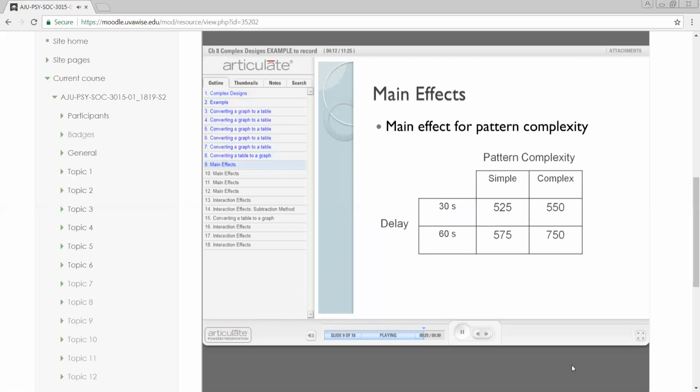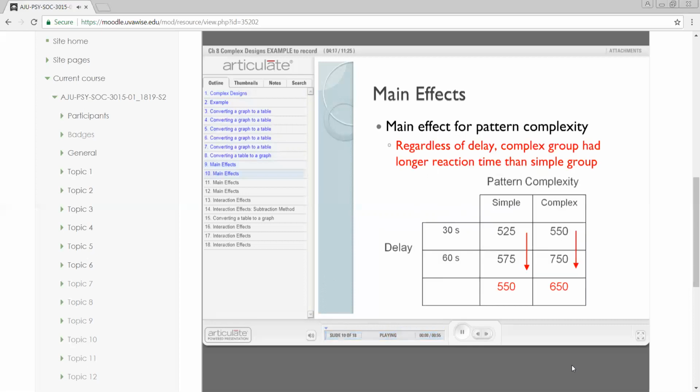So I don't care about delay. So I'm just going to look at simple versus complex averaged across delay. So again, I'm going to average down because I'm looking for the mean overall for simple versus complex patterns. So I'm going to take my averages. I get a mean of 550 for the simple group and a mean of 650 for the complex group.